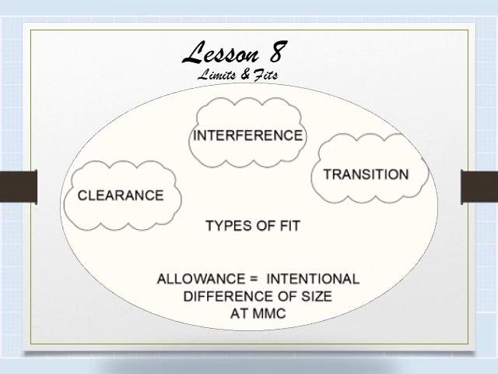We talked about the three different types of fit. Clearance, the parts never touch; interference, the parts always touch; transition, depending on which tolerances you use, they may or may not touch. And when we talked about allowance, we said allowance was the intentional difference of size at maximum material condition.